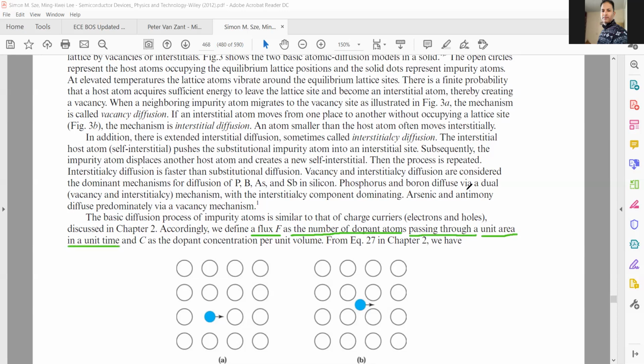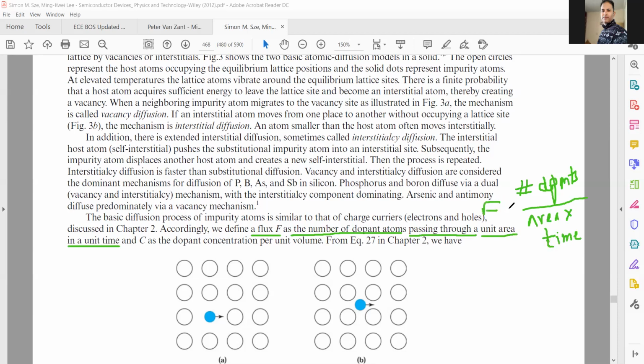So this is basically number of dopants per unit area and time.